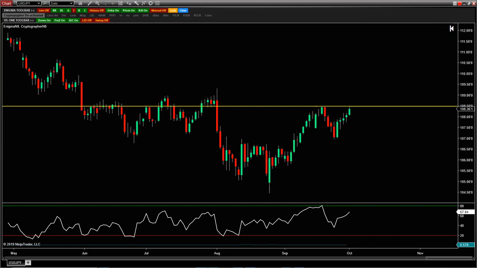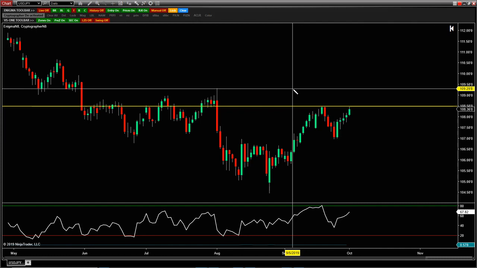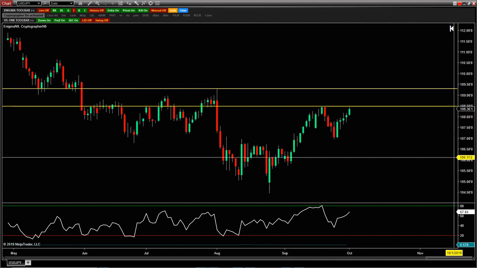Yeah, it's our first level of structural resistance. Where is the second line of horizontal resistance at? A little bit higher, yep. So right up here, 109.30s.